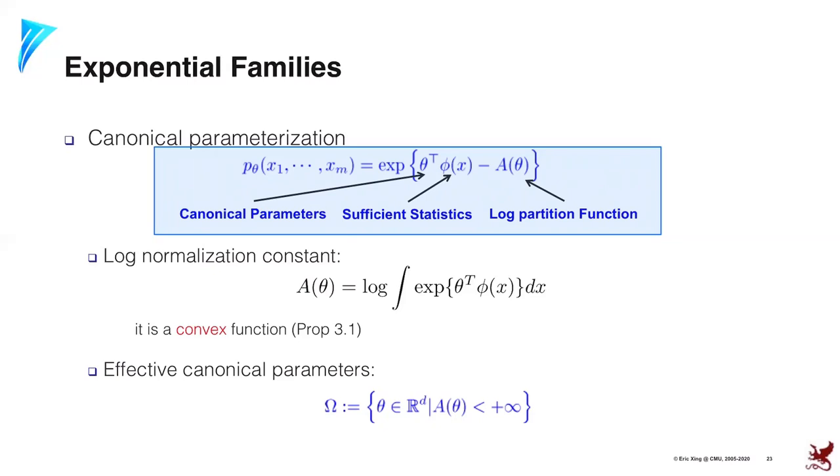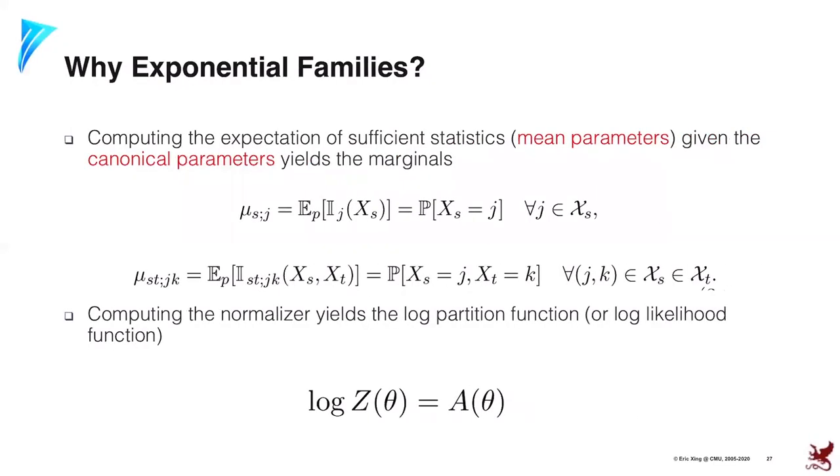We will not go into the details of them, but we should note that this exponential family is very important. And then we may wonder what the motivation of using these exponential families would be.